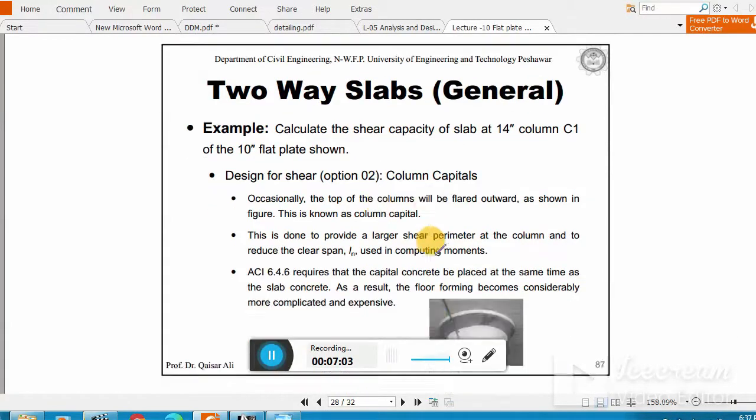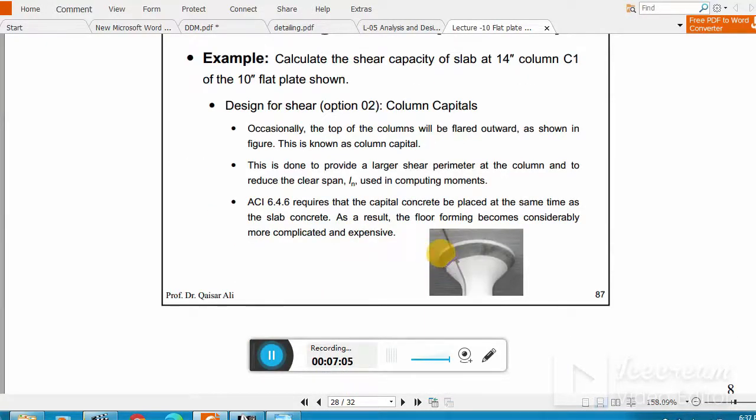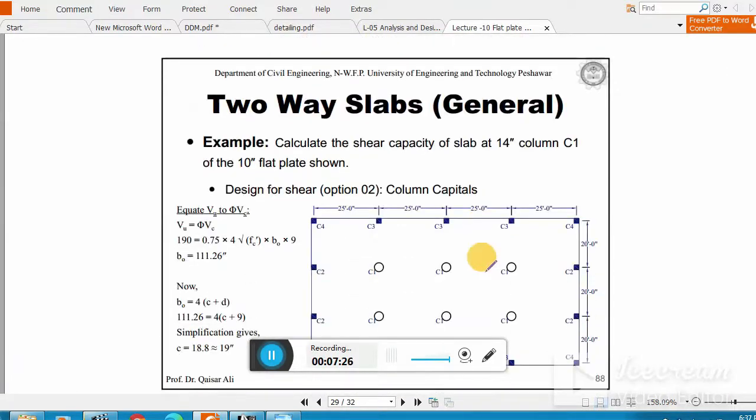Option number 2 is a column capital, and you all know what we need in a column capital. We have to fix this angle with the vertical, this angle, and you have to find this C. Sorry, this is denoted by C. Now how can we find this C? The same way, we compare phi Vc against Vu.